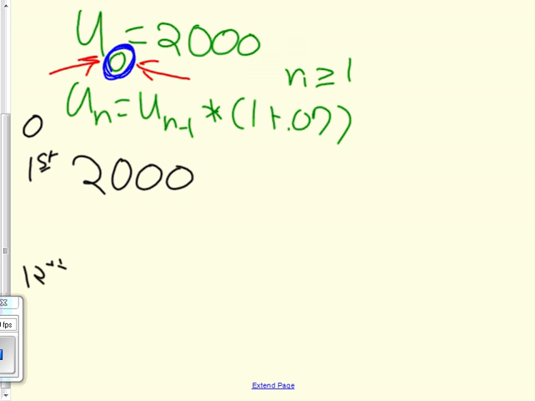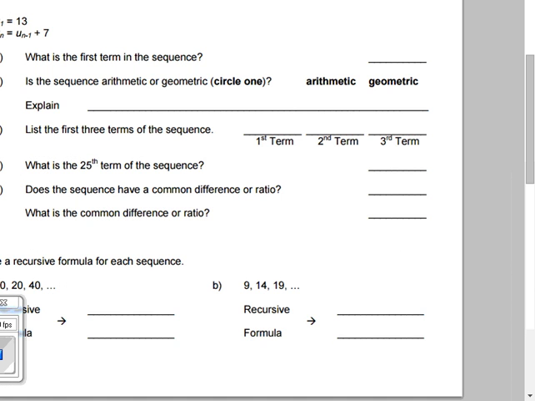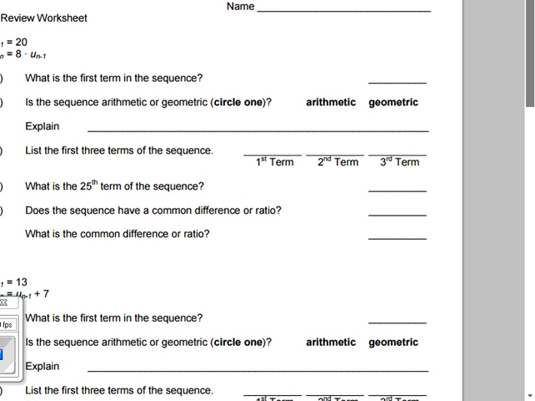All right, so let's take a look at the homework. Homework is going to be growth and decay. This guy here. So looking at our homework here, this is our review worksheet. So be reviewing for the test. So let's do number 1.